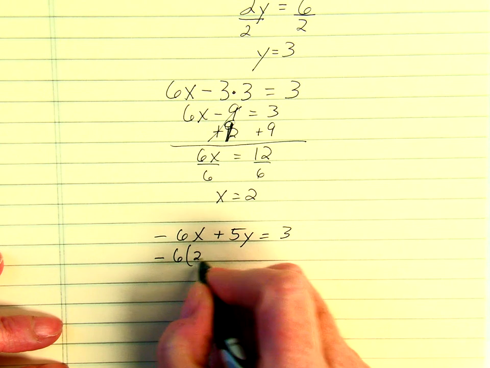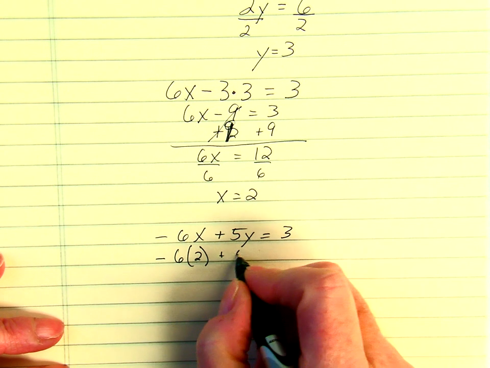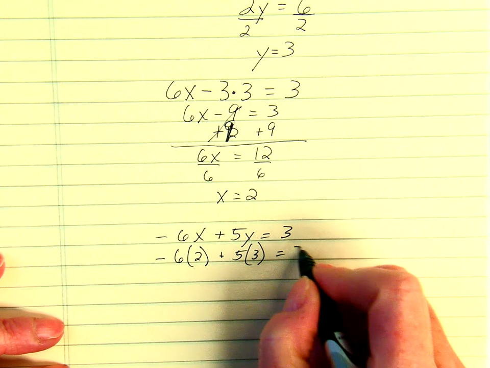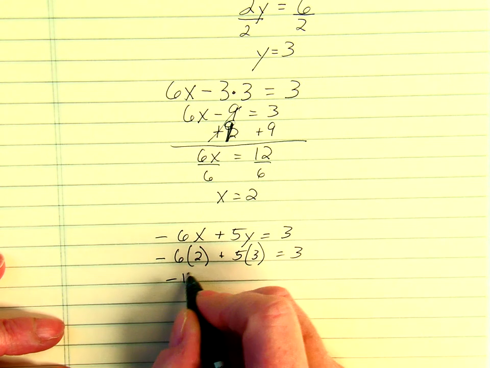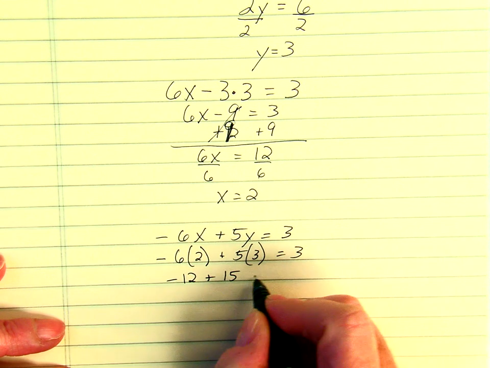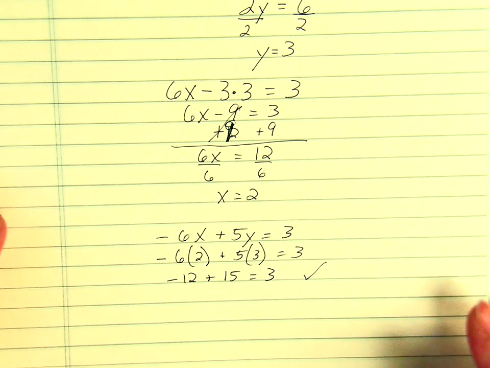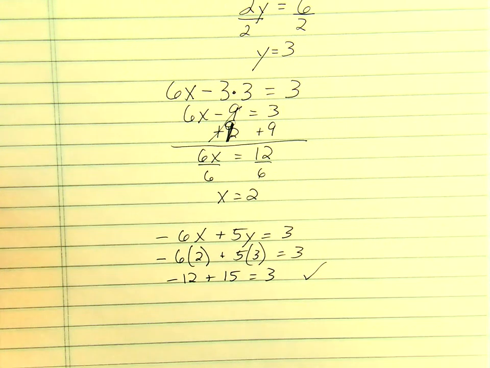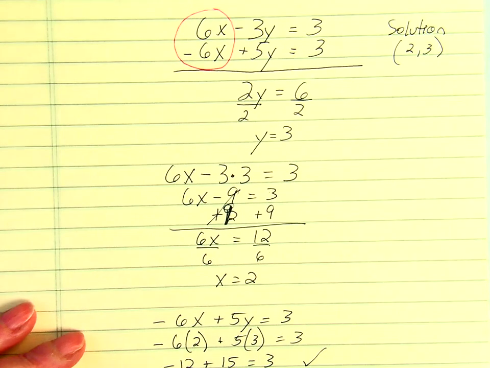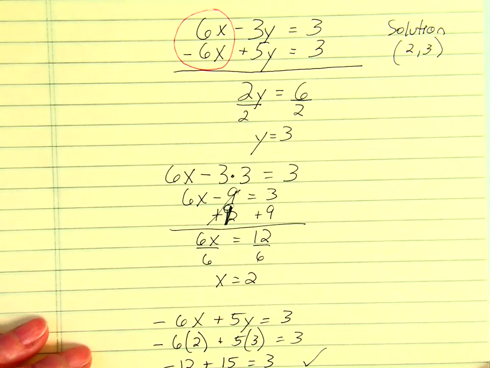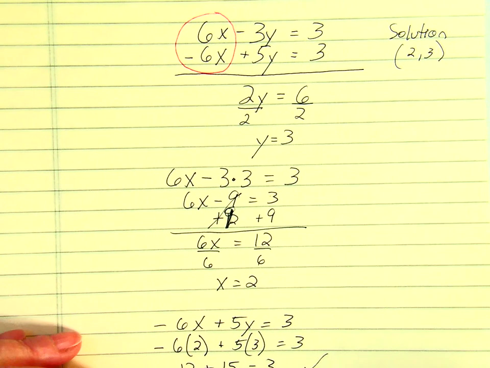Negative 6 times 2 is my x, plus 5 times my y, which is 3, equals 3. This is negative 12 plus 15, and that does equal a positive 3. So that point does work. Okay, so this was a very simple way to do it because it was totally set up for us.